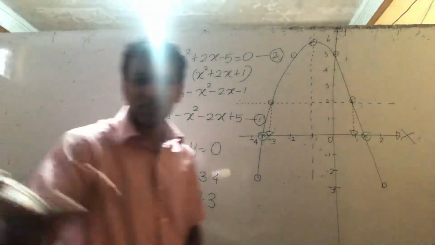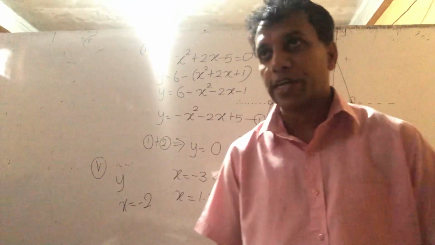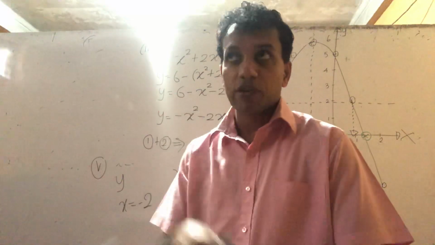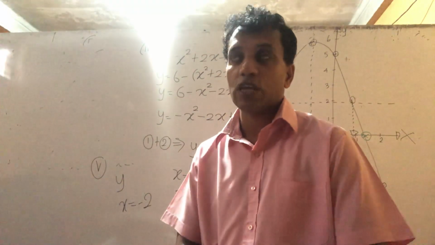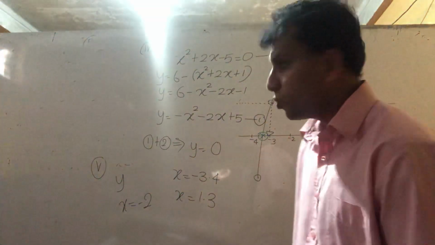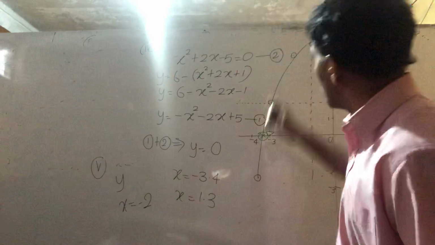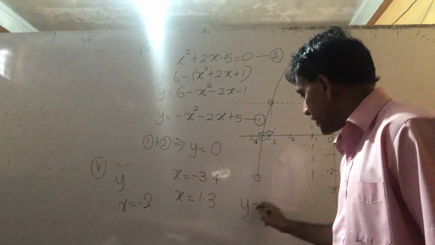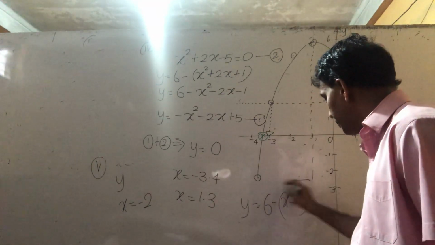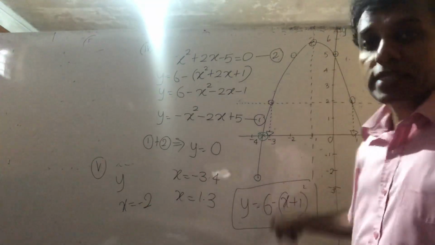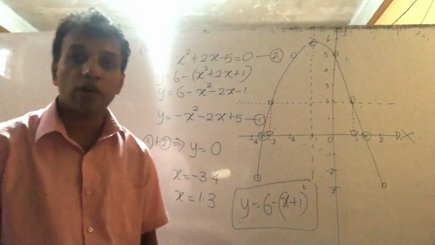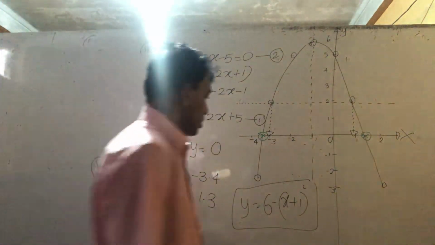This is now a familiar, simple question, because we have worked many types. I have shown many, also one video from the book question on the nature of a graph, symmetric equation, maximum, minimum ideas, everything. Here, you know this graph equation is given: y equals 6 minus x plus 1 all squared.